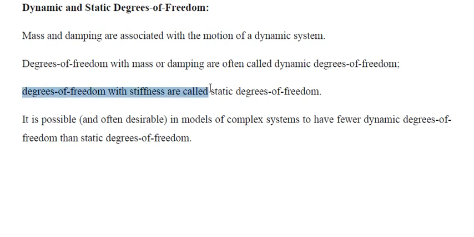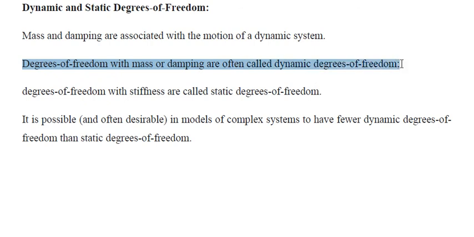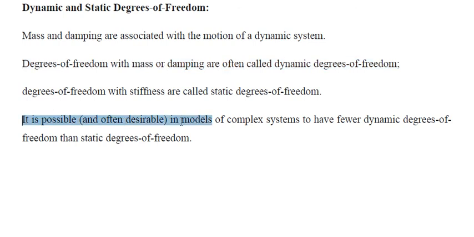Degrees of freedom with stiffness are called static degrees of freedom. Whereas if along with stiffness we consider mass and damping also, it is called dynamic degrees of freedom. Okay, that is the difference. It is possible and often desirable in models of complex systems to have fewer degrees of freedom than static degrees of freedom.